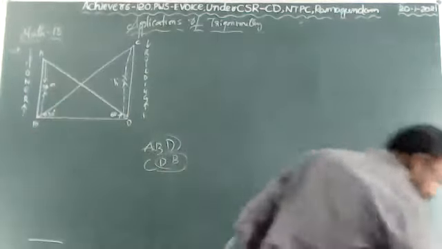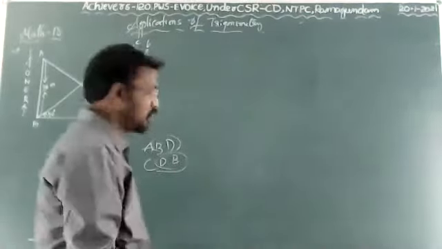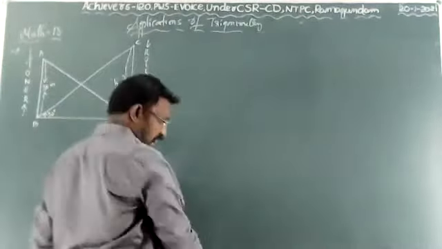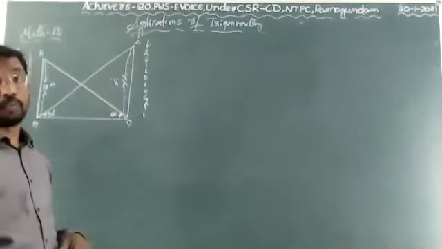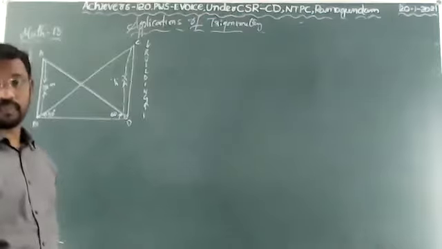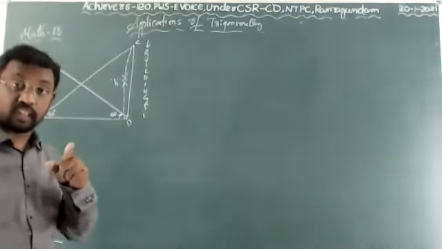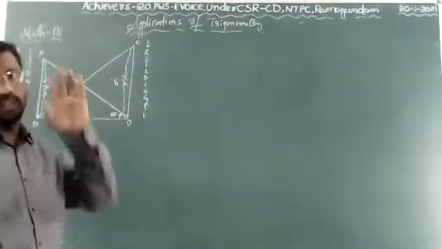The distance between the tower and building is the same here. That common you have to equalize. How did we do the previous problem? The same you have to do here. And before that, the statements are most important.